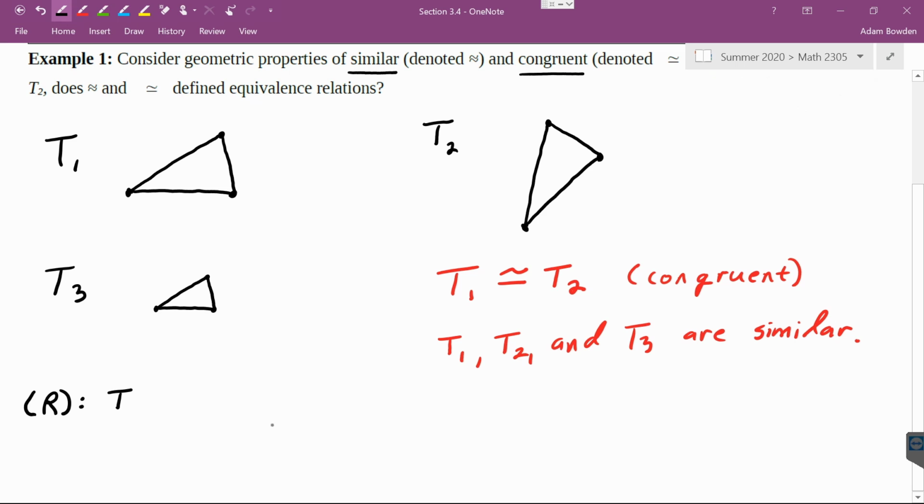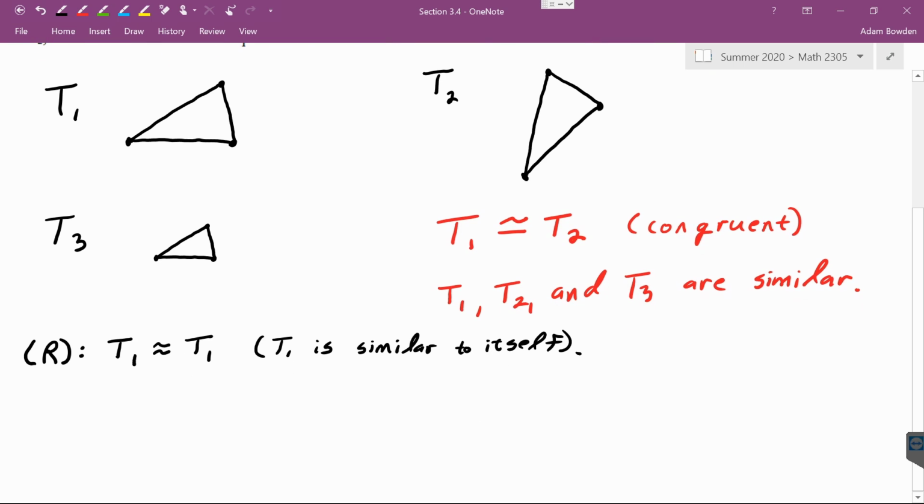Well, if T1 is a triangle, it's similar to itself, so it makes sense that it would be reflexive since every triangle is similar to itself. And so what about symmetric? If triangle T1 is similar to triangle T2, then triangle T2 would be similar to triangle T1 if we can reverse the order here.